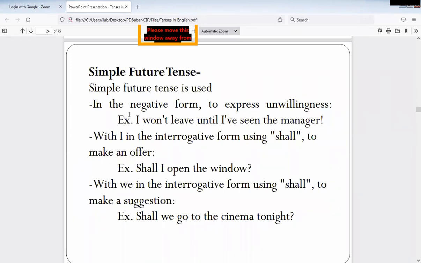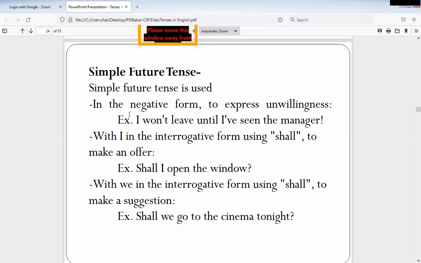So we use it with I in the interrogative form. For that also we have to use the interrogative form. So with I in the interrogative form, using shall to make an offer. For making an offer, we use shall.